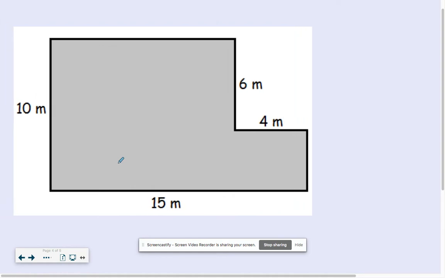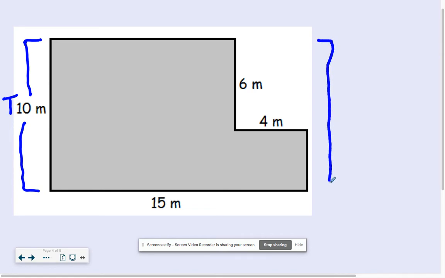Here we're going to find our sides first. Here is my total side. This is the left side. And this is my total amount because it's the entire way up and down. So now I'm going to go over on the right side. I have 10 was my total. And right here is another side.